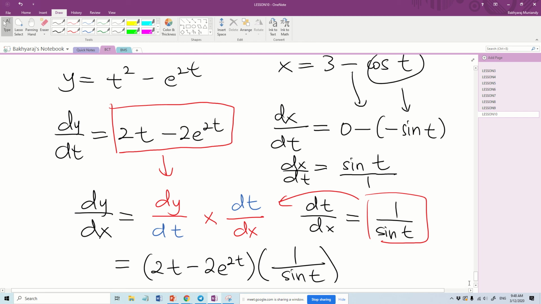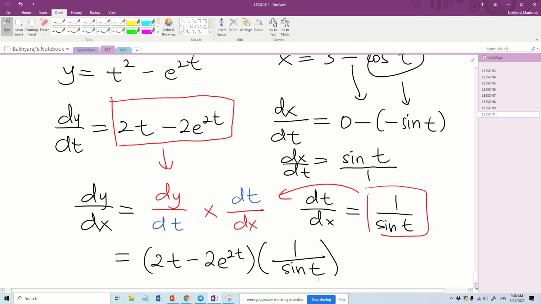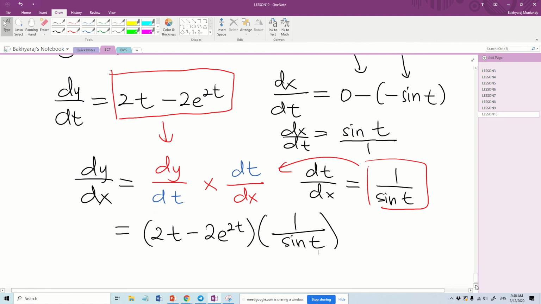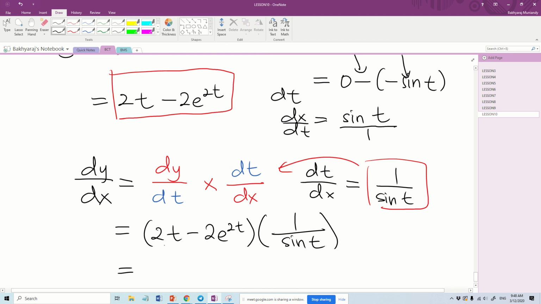You can factorize inside some more, right? Like 2t over 2e exponent 2t over sin t. You can put it in a nice fraction. You can take 2 out also: 2 times t minus exponent 2t over sin t. This also can.